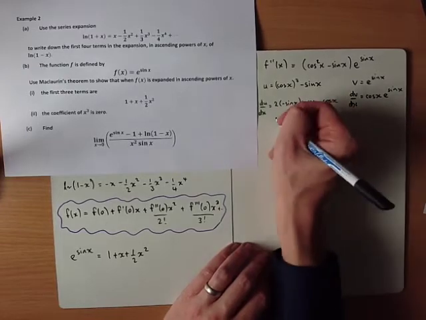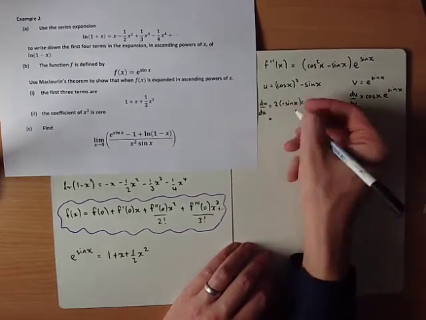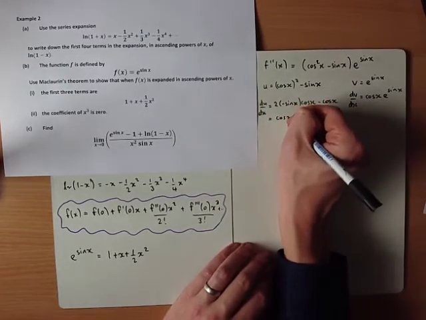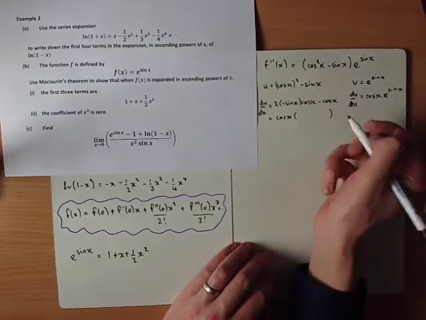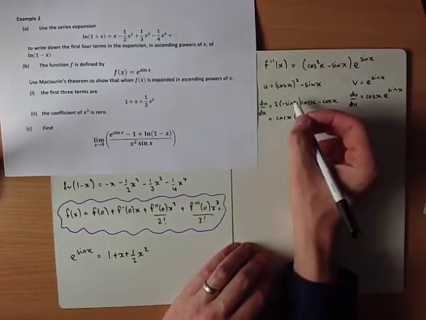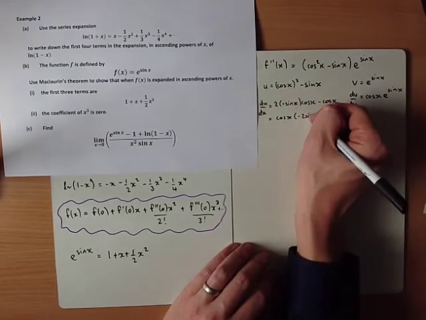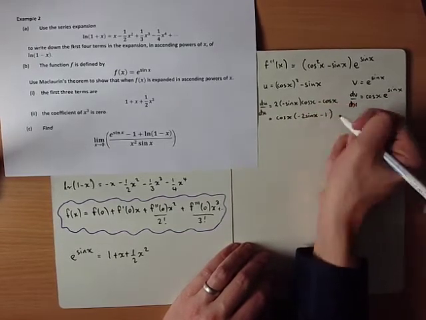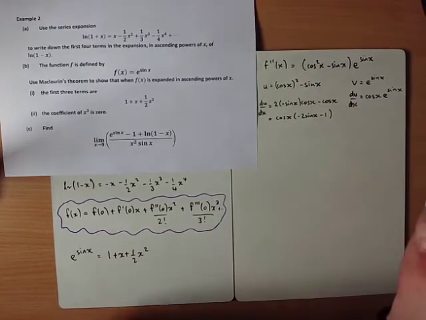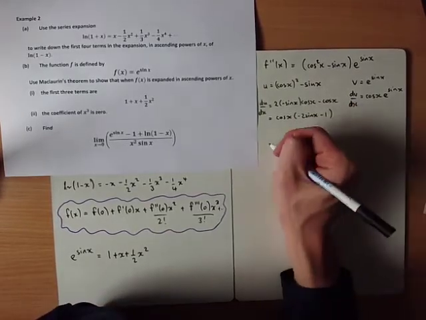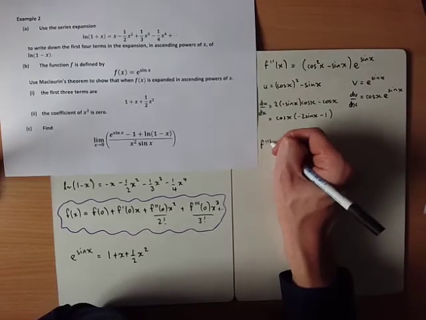Let me just tidy this up a little bit. We'll take it back to a cos x off. That would be minus 2 sin x minus 1. Could have taken the minus out as well, couldn't I? Anyway, third derivative.